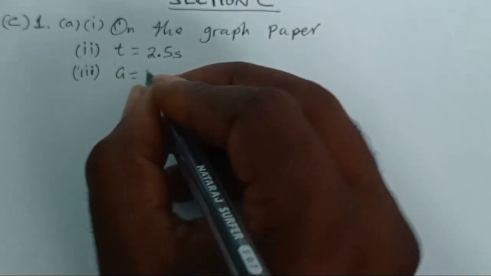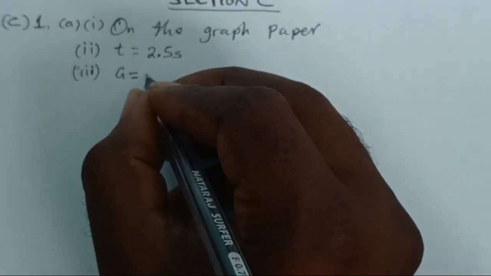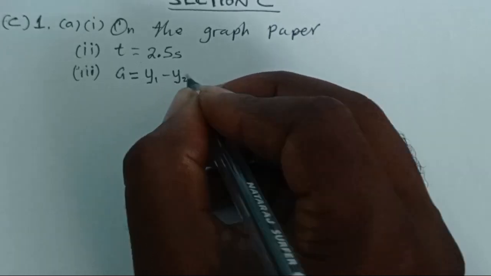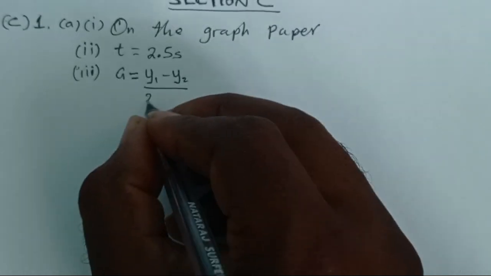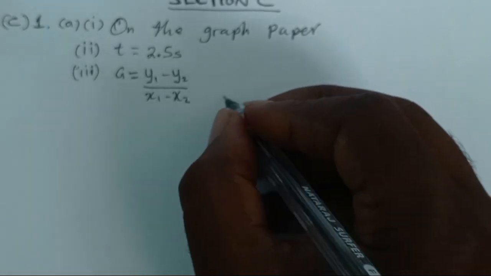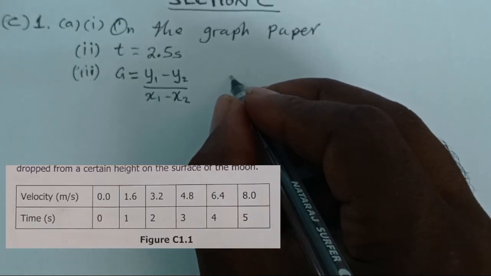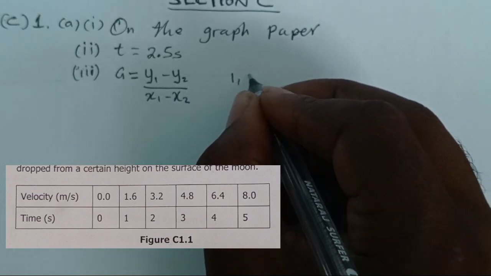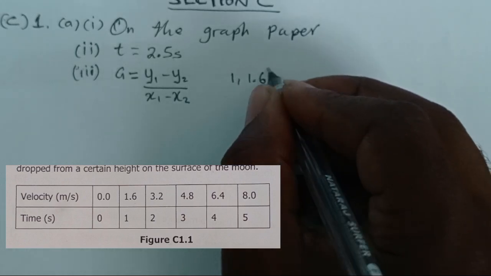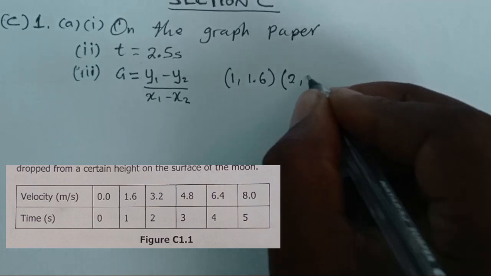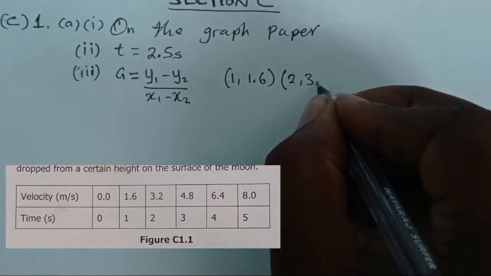So gradient is equal to (y1 minus y2) over (x1 minus x2). Remember those two pairs of coordinates: we have (1, 1.6) and (2, 3.2).